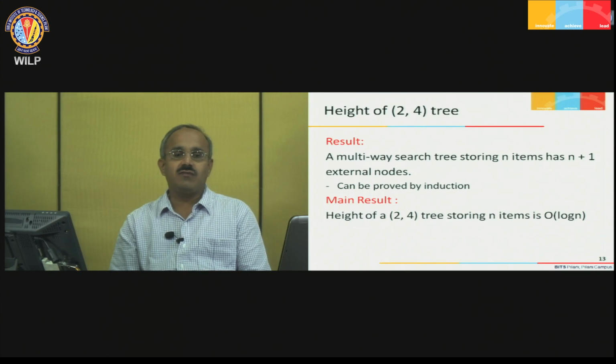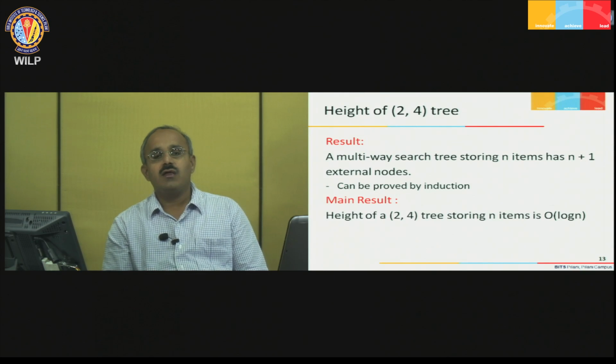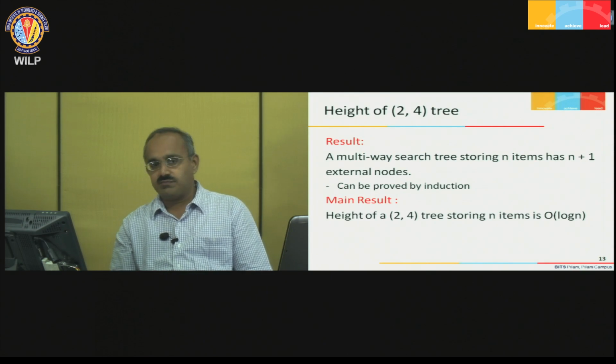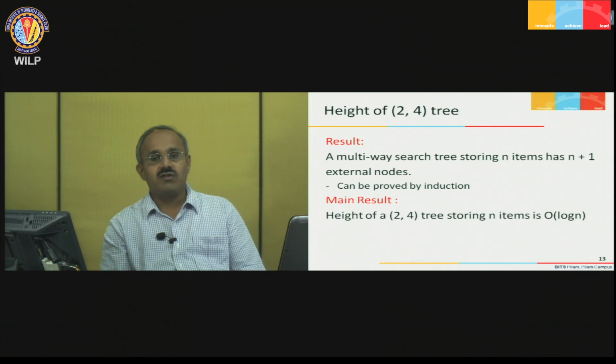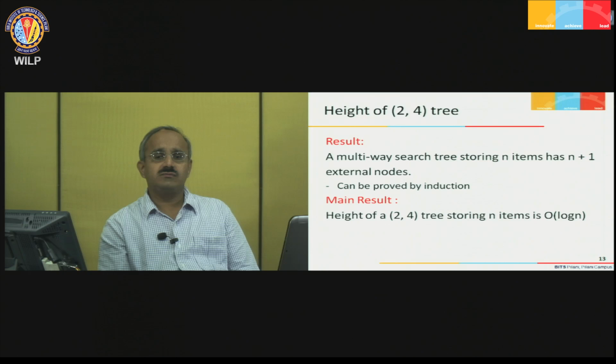The key result that we are going to prove is the height of a 2-4 tree. For proving that we need a small result which can be proved easily by induction. It says that a multi-way search tree storing n items has n plus 1 external nodes. It is easy to observe. Suppose you had all your n keys in a single node.